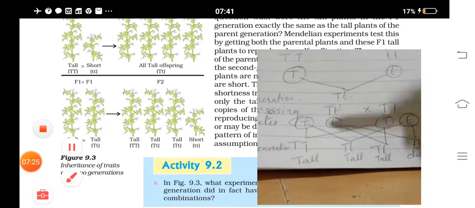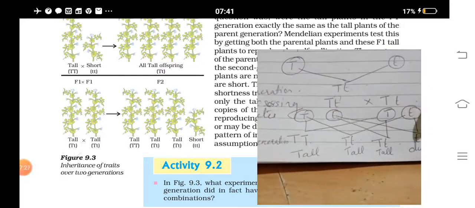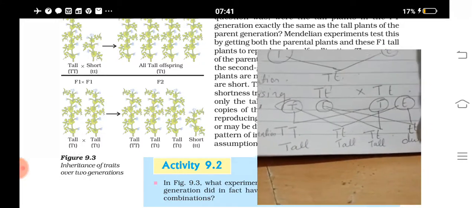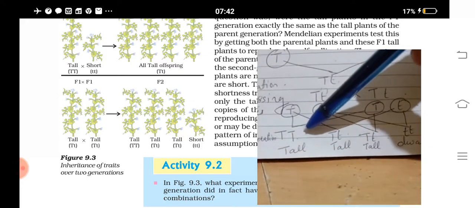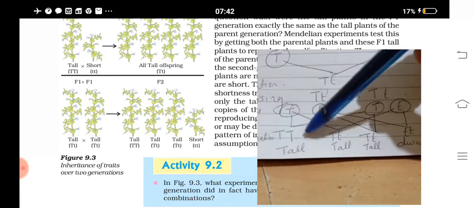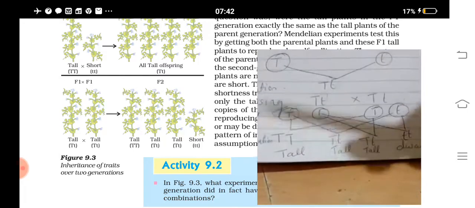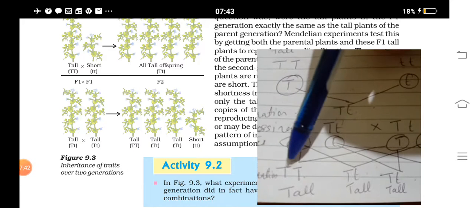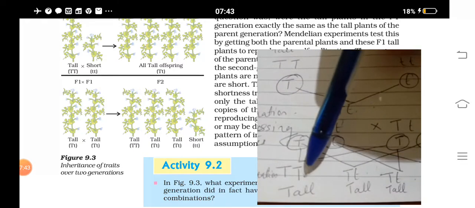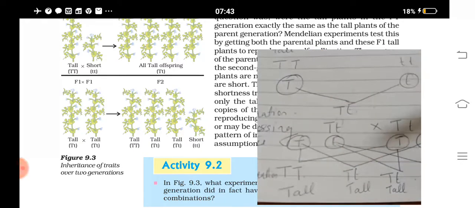And here small t with small t will be small t, small t. So you can see that this genotype capital T, capital T produces a tall plant, as they are homozygous.